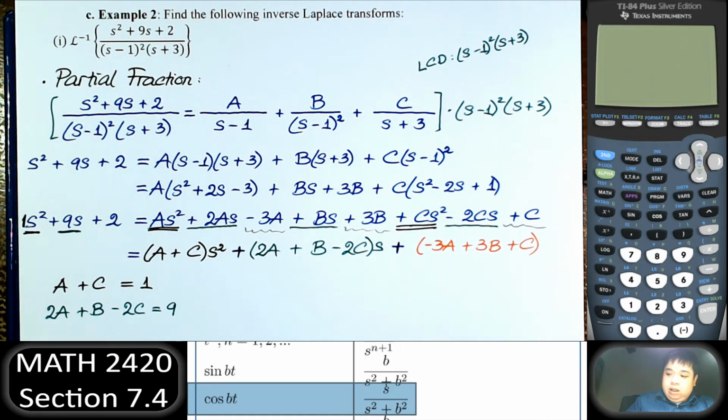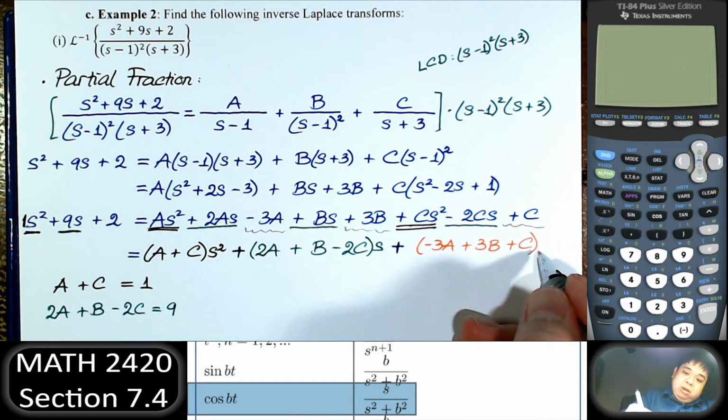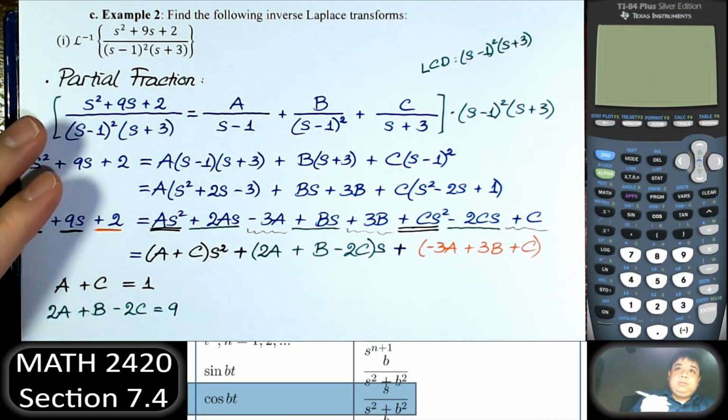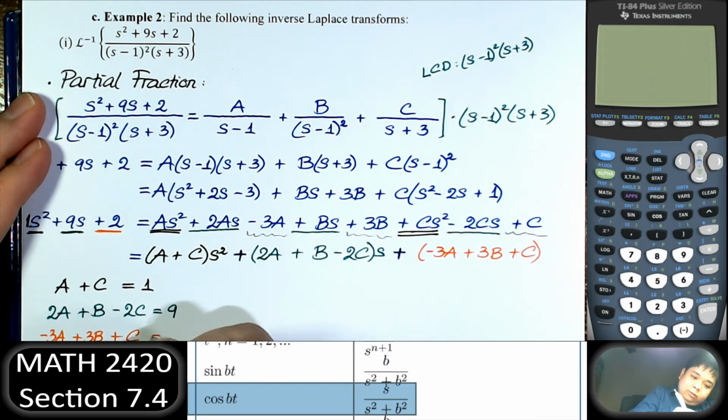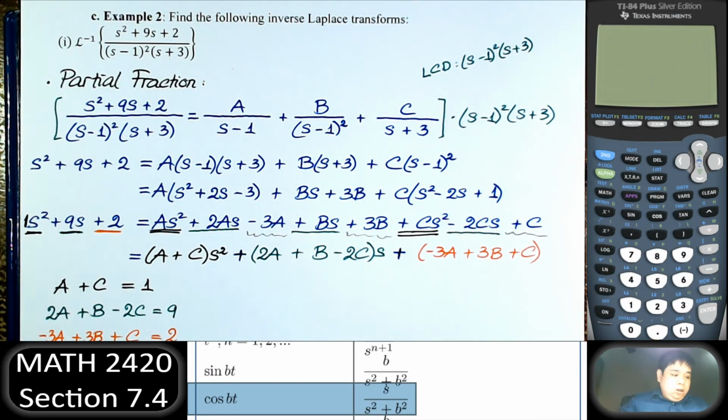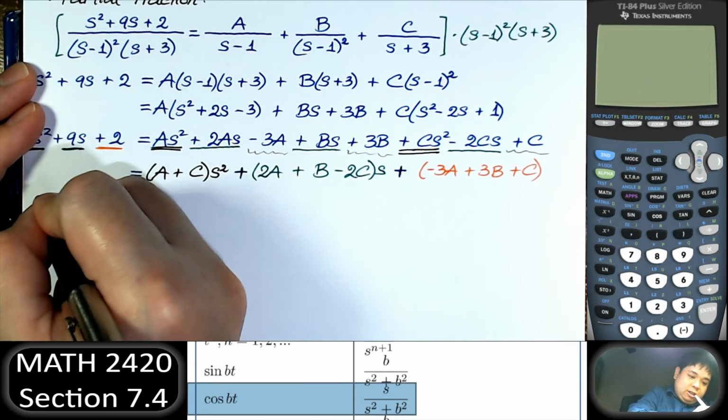And finally, negative 3A plus 3B plus C has to equal 2. So we have that system of equations.